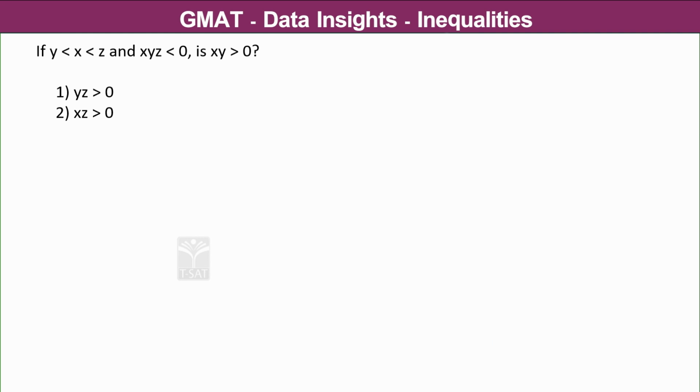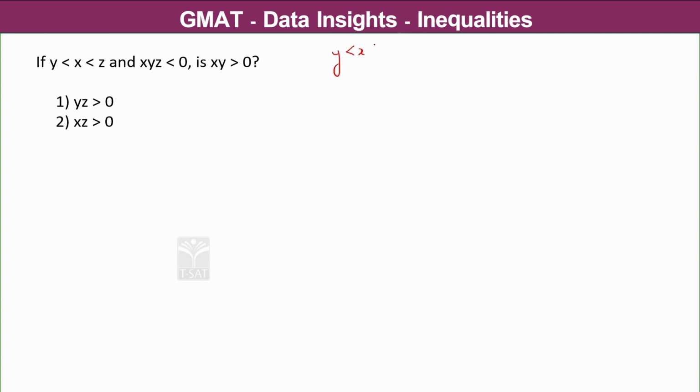If y is less than x is less than z and xyz is less than 0, is xy greater than 0? Y is less than x is less than z and xyz is less than 0. When is this possible? When all three of them are negative, that is, x, y, z all are negative. Negative into negative will give you positive, and then into another negative number will give you a negative number.